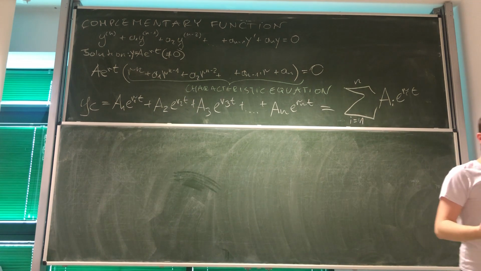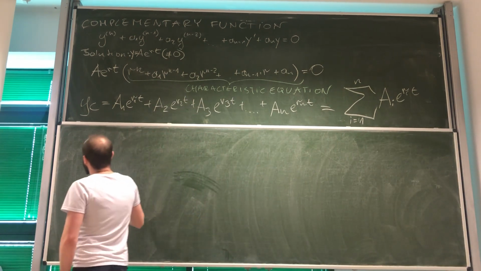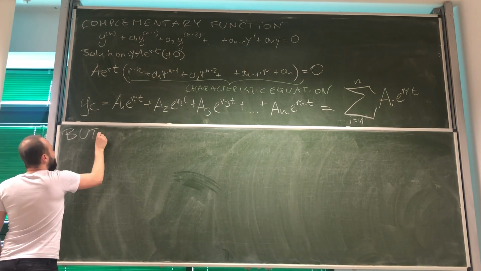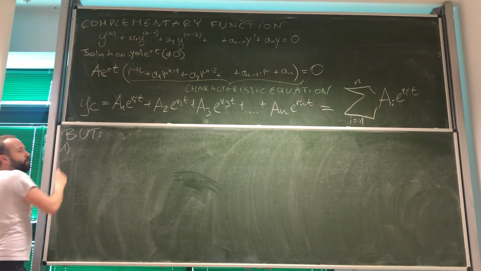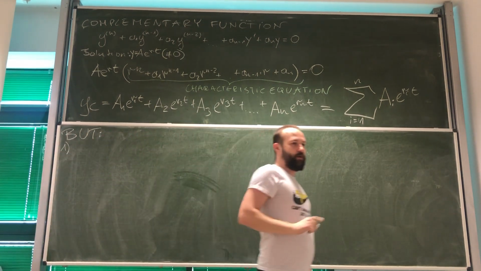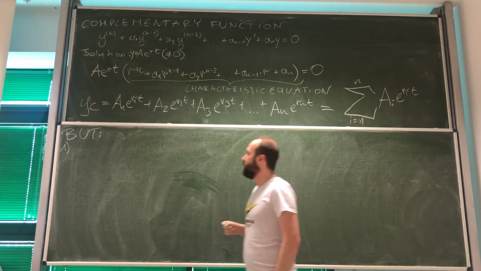However, this doesn't need to be the case. So, let's put a little but on all of what we said thus far, because we need to take into consideration what happens if, for example, we have repeated real roots.